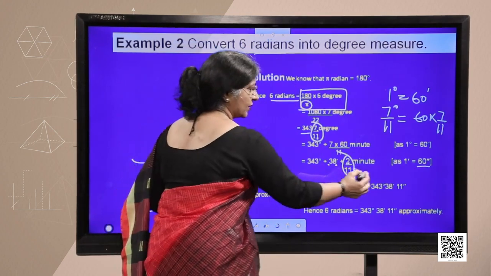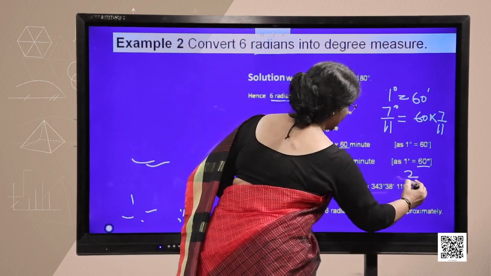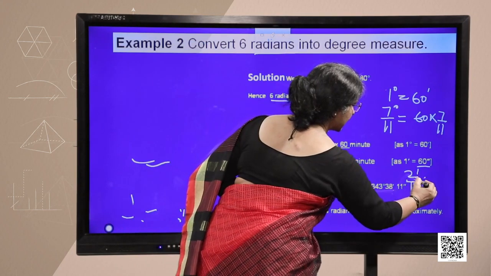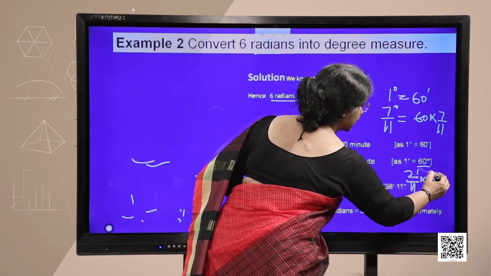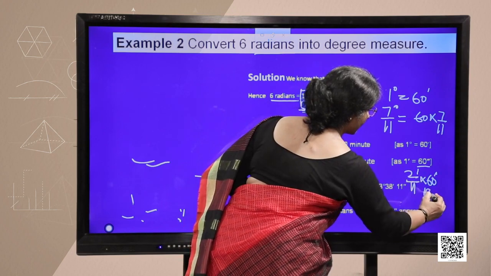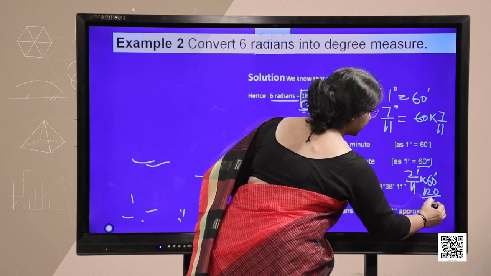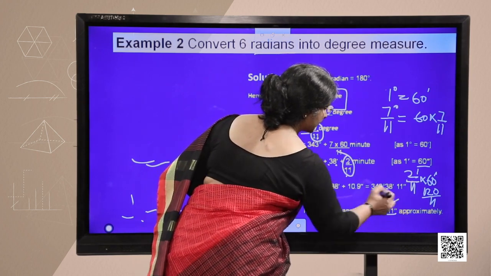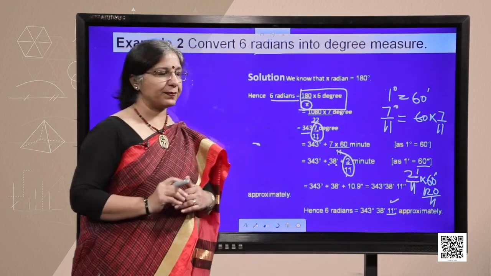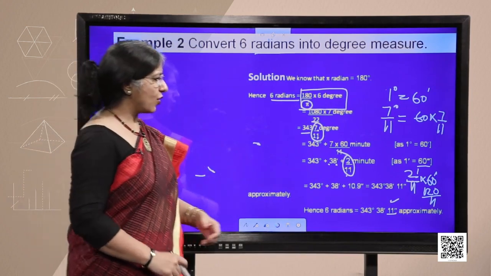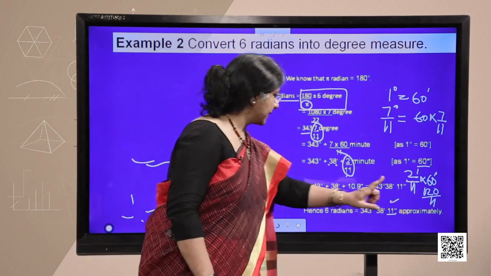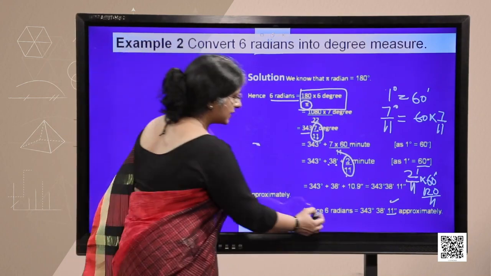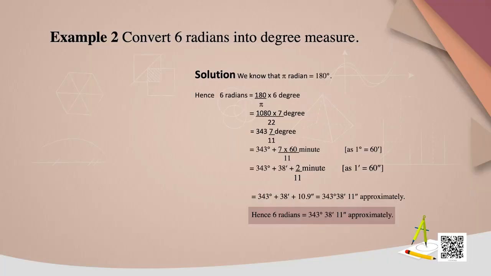So, for converting it to seconds, 2/11 minutes into 60 gives 120 upon 11, which is approximately 11 seconds, and a few more decimal points that we can easily ignore. That is why we are writing approximately. So, finally, we can say 6 radians is equal to 343 degrees, 38 minutes and 11 seconds.